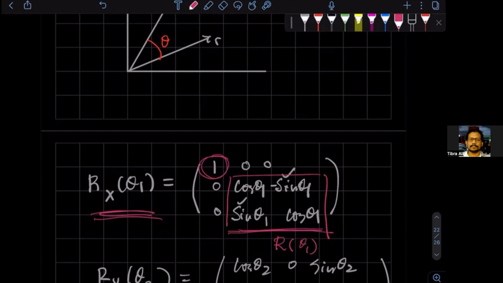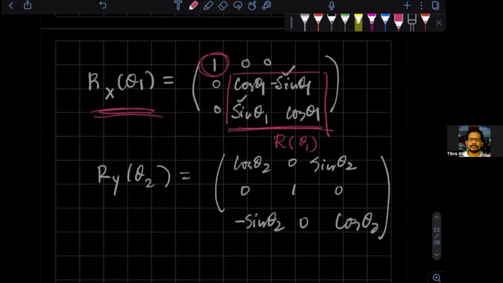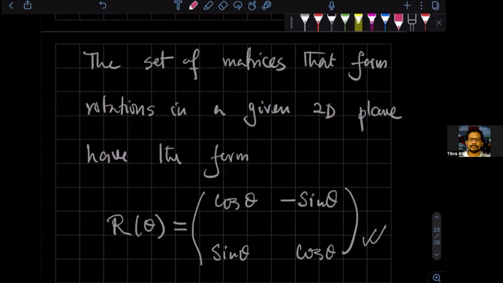But I just wanted to emphasize the fact that, see that these guys form a subgroup as well. But what I want to emphasize is that these are 3 different SO2s.